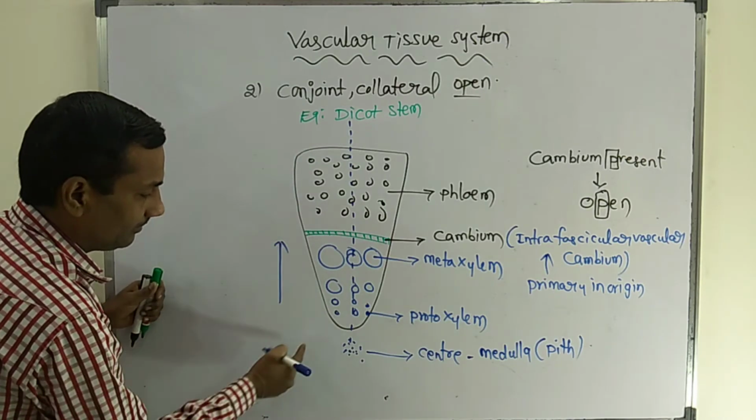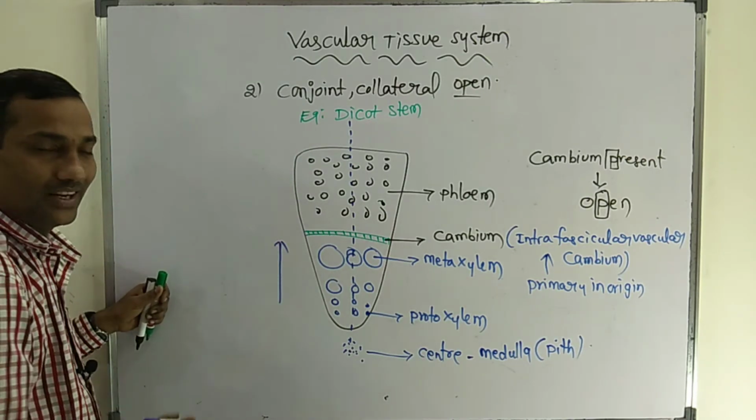Development of xylem in the stem will be from center to periphery.